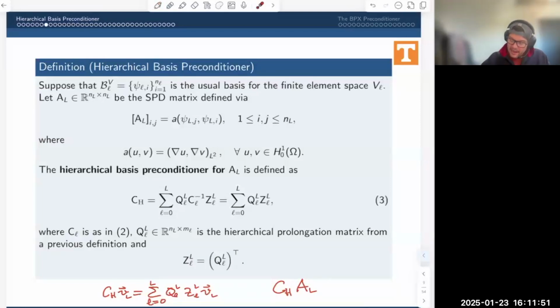So what I have to be able to do then in order to do this multiplication, let's break this up into pieces now. So I have to be able to do the first one first, of course. I do Q_0L Z_0L v_L plus all the way out to, let's see, I'm summing Q_LL Z_LL v_L.